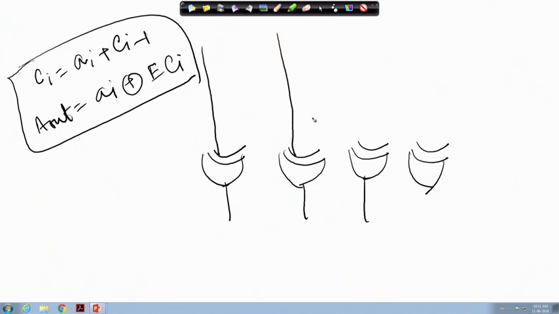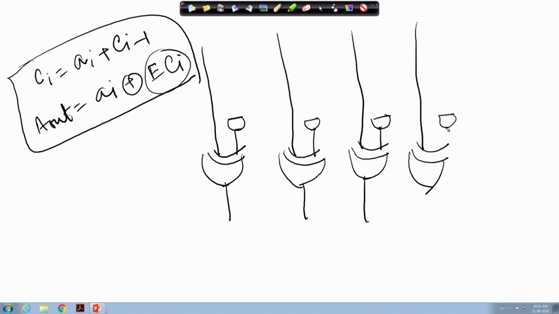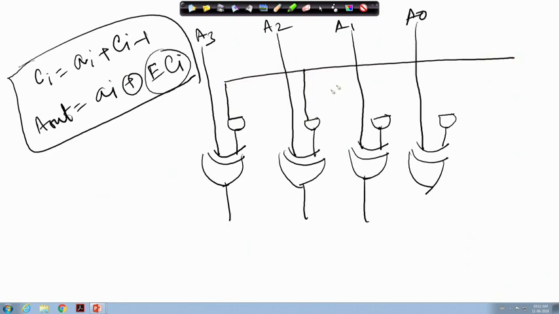Here I need one AND gate for this particular function. Each of these has another input coming from the AND gate, XORed with the corresponding bit position. This is A0, and one input of this AND gate is the enable signal.